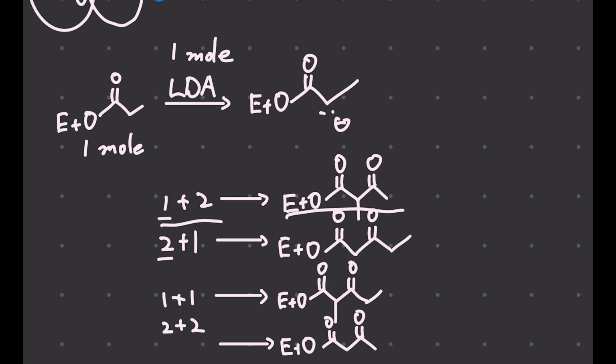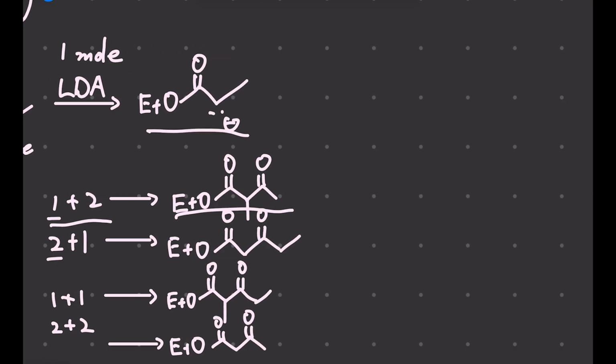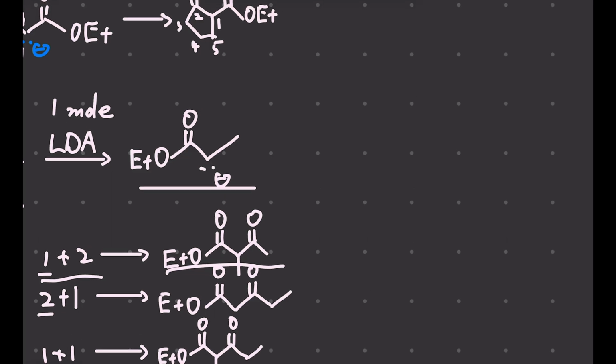The reason why we can't use something like ethoxide is that it will only deprotonate some of it, and some of them will be left over as the starting material. And LDA looks like this, by the way.